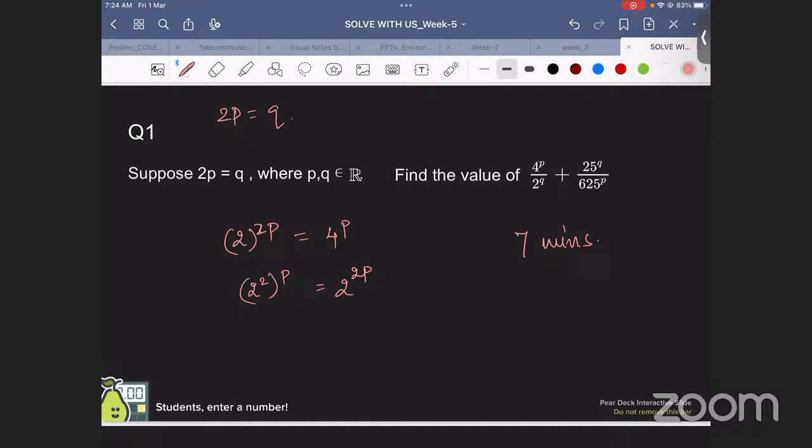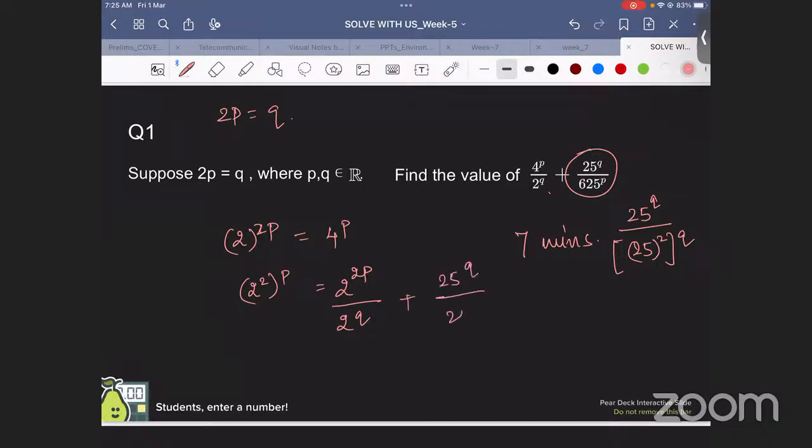Okay. And then what is there in the denominator? 2 to the power q. What about the other term? Can you write it like 25 to the power q over 625 to the power p? And can you write 625 as 25 squared?